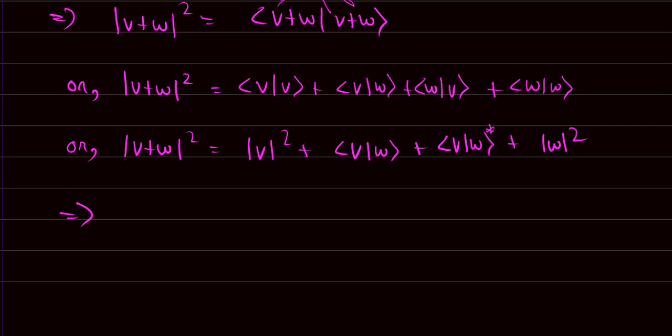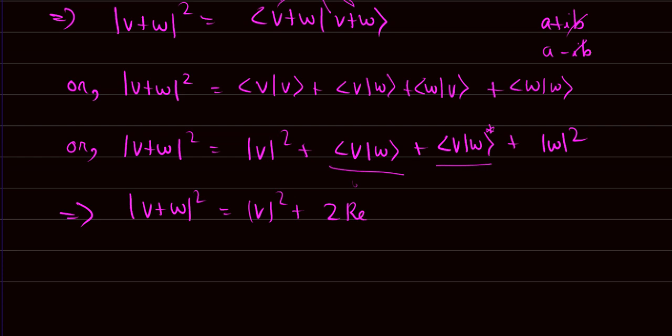Now this is a complex number, this is also a complex number, but they are conjugates of each other. If you know, complex numbers are in this form and conjugate numbers are in this form. If we sum these two, the complex part cancels out, only the real part is there. So we can write 2 times the real value of V into W.